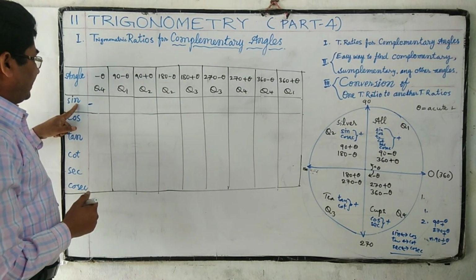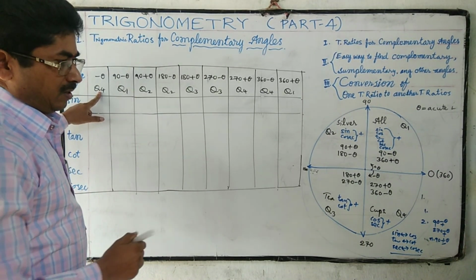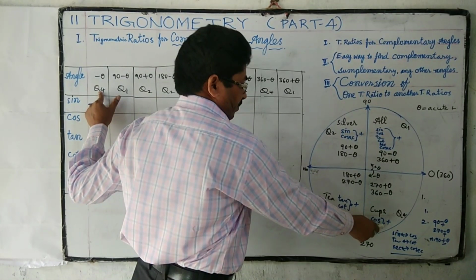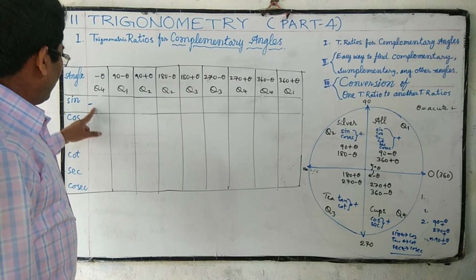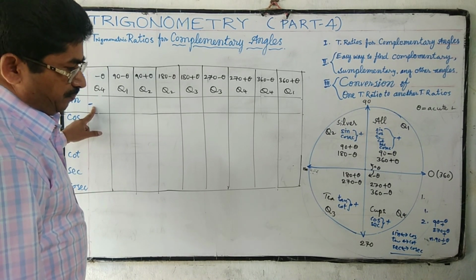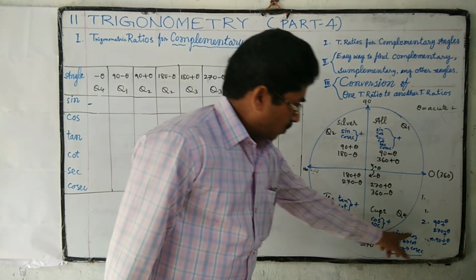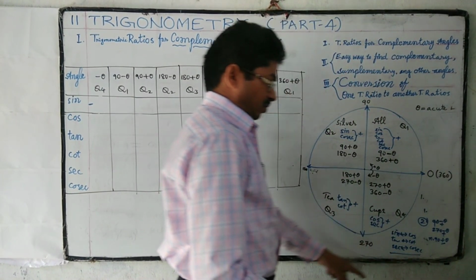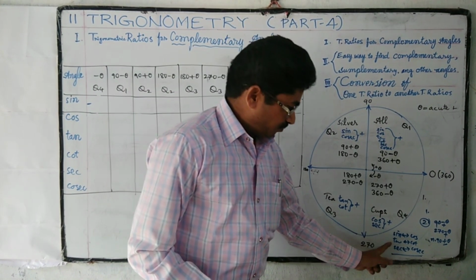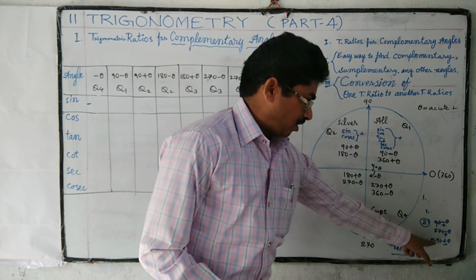First, sine in the fourth quadrant is negative, cos and sec only positive. So that's why this is negative. So write minus. Next, second rule. What is the second rule? If the function is having it like this, we have to change the ratio, but it is not having it.